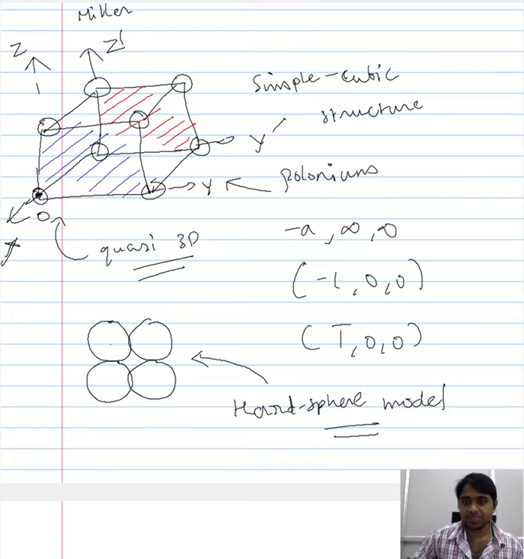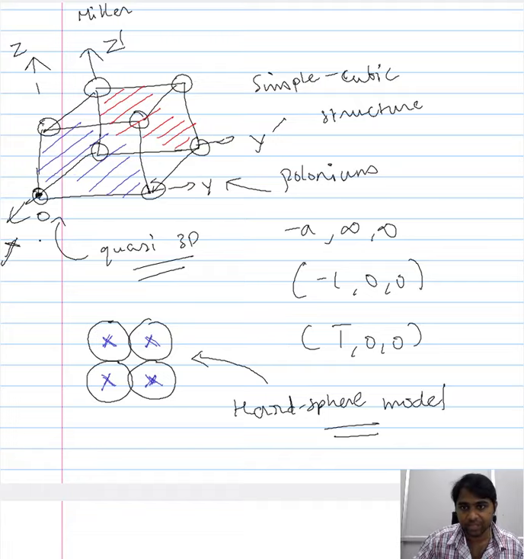Now since the position of an atom can be described by its center, we can just focus on the center and mark the position of the atoms in the blue plane with an X. Since the center of the sphere represents the position of the atom, the position of the atoms in the blue plane is represented by the X here. So what essentially we have done is restrict our focus to a particular plane, and in addition, to a particular direction.